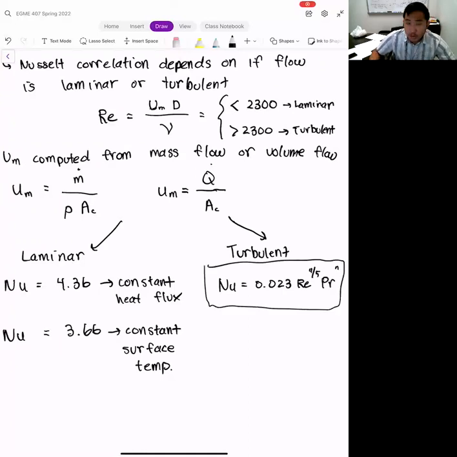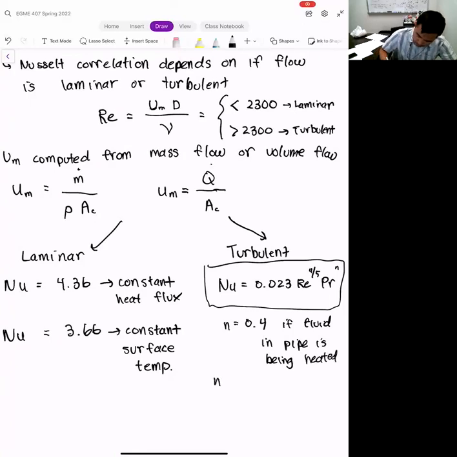Where n has two possible values. n is equal to 0.4 if the fluid inside the pipe is being heated, or n is equal to 0.3 if the fluid in the pipe is being cooled.